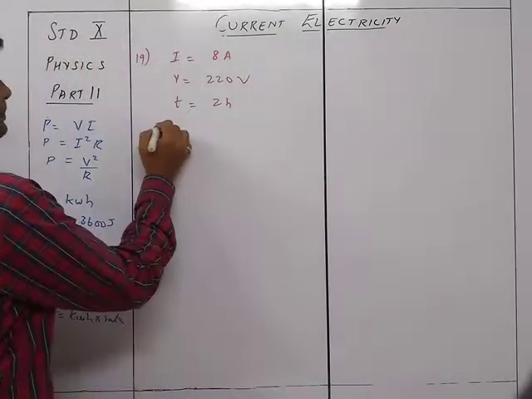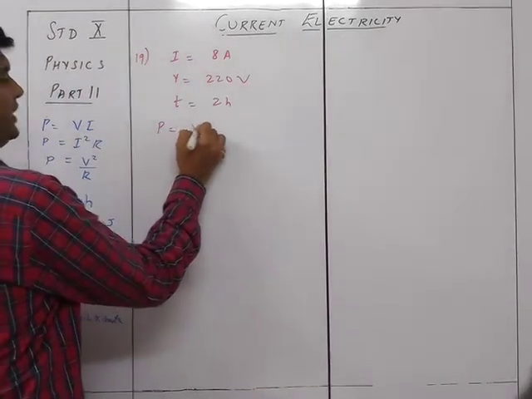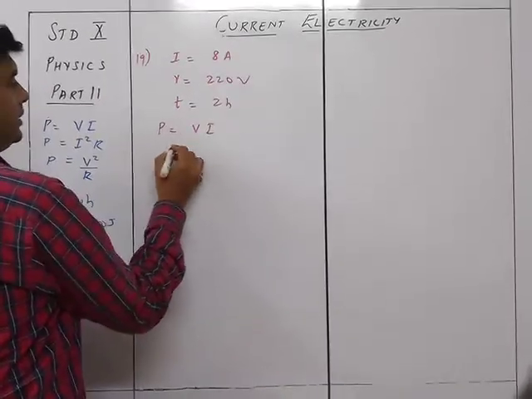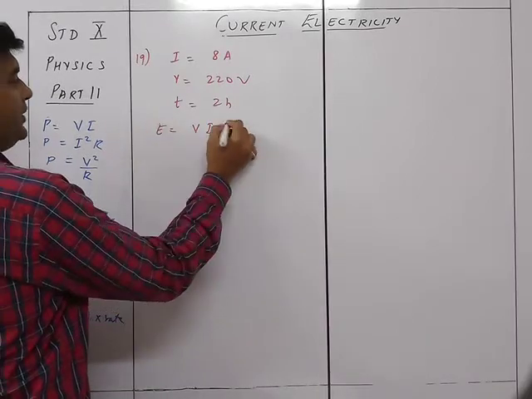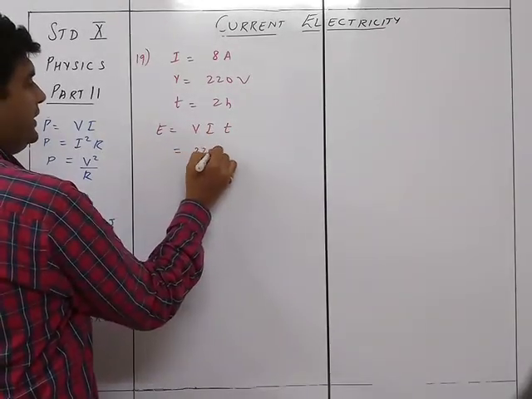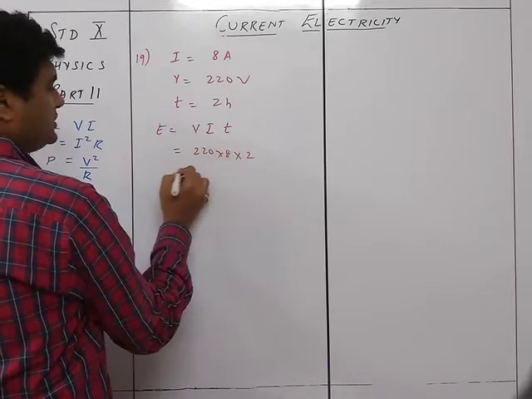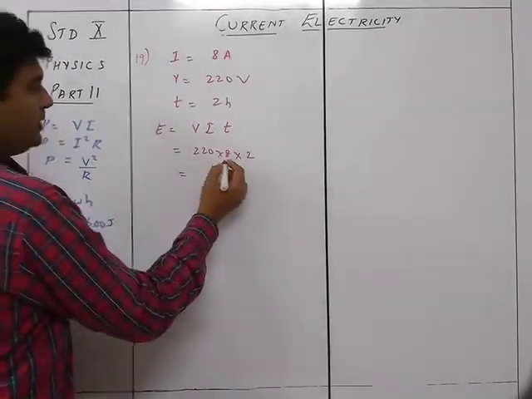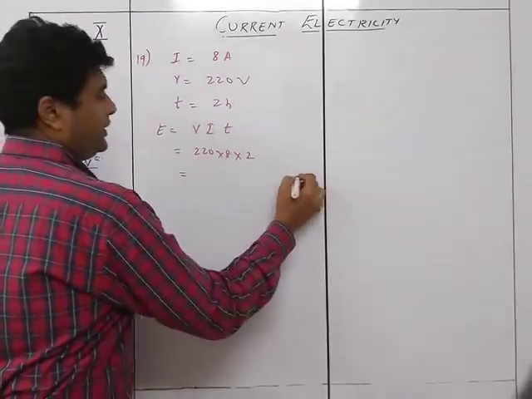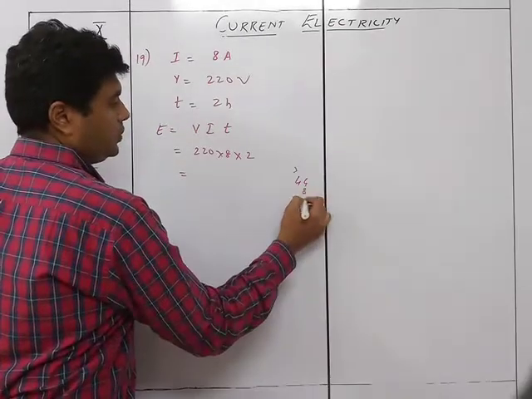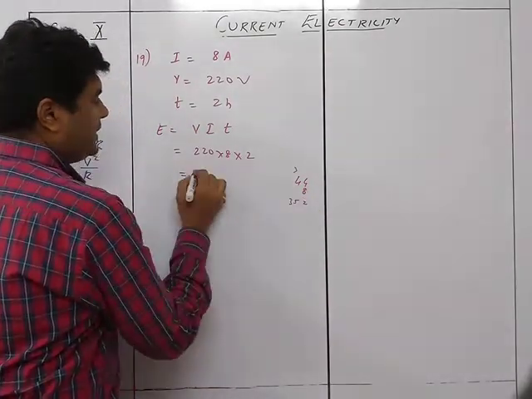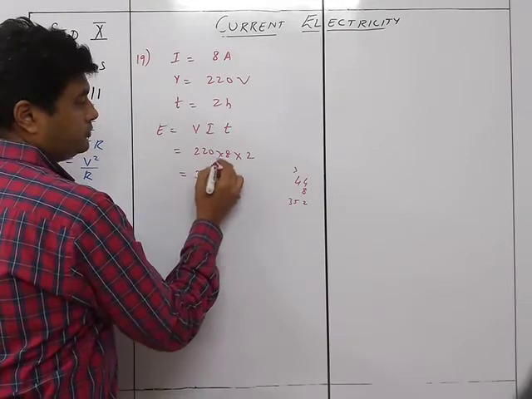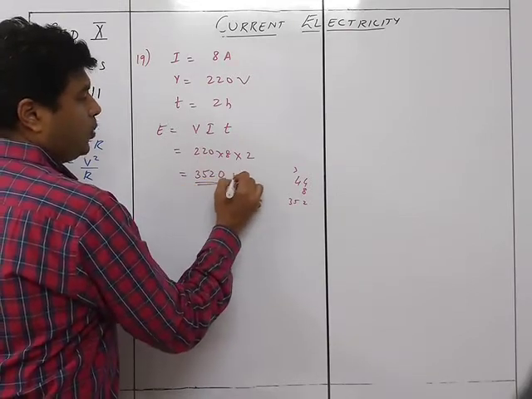So we know that power is equal to V into I. Or we can say energy is equal to V into I into T, is equal to 220 into 8 into 2 hours. So that is going to give me 44 into 8, 352 watt hour.